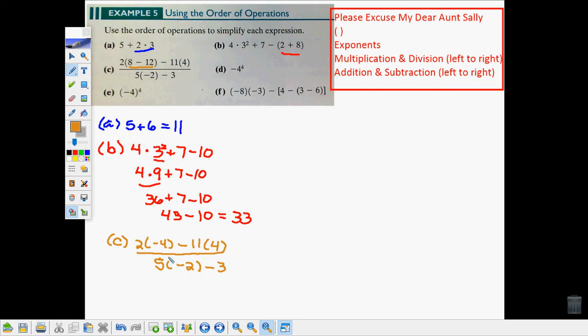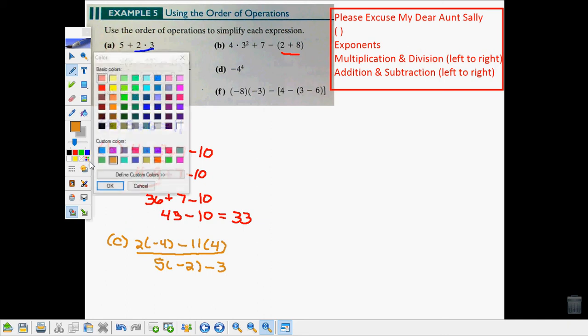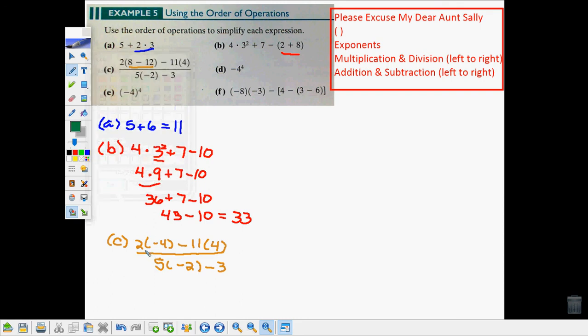Now, we don't have any exponents. That's next. So we're going to look for multiplication and division. So let me get a different color so it'll show up. We have multiplication here, we have multiplication here, we have multiplication here. So we're going to clear those next.